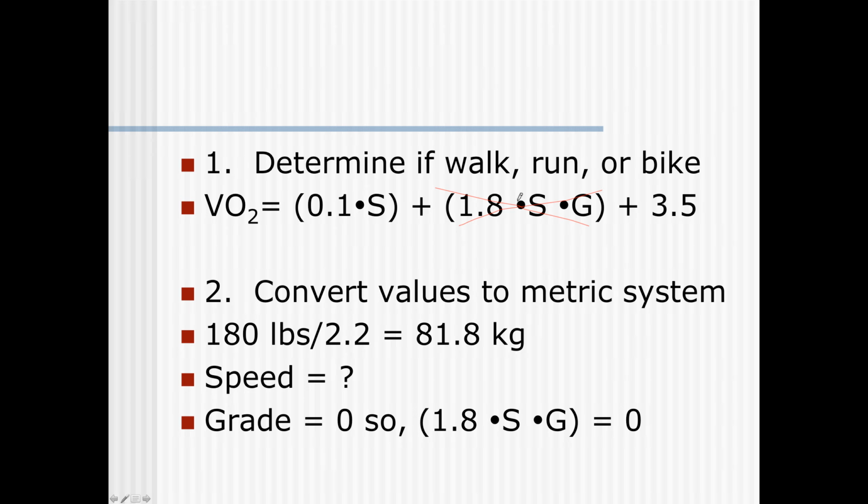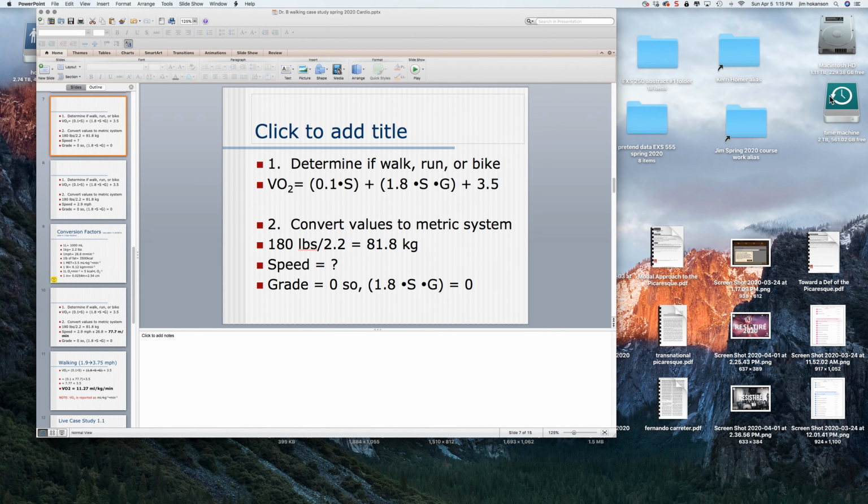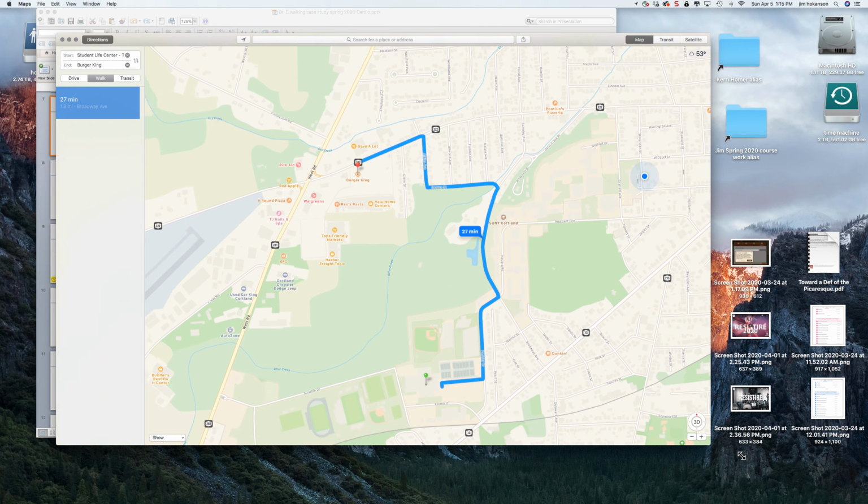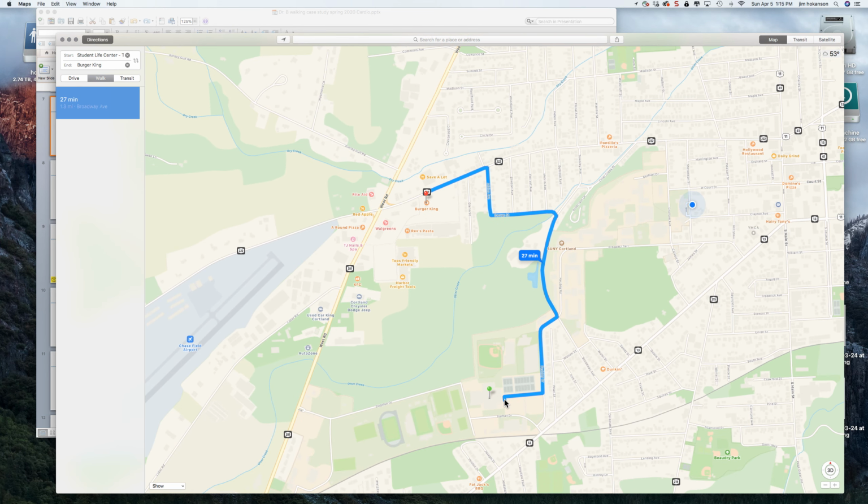So we figured out grade, but then we need to figure out speed. I did some math, and I actually did some map. We're going to go from the Student Life Center and walk all the way to Burger King. There's that shortcut you can take over the creek, and Burger King is in that shopping center by Coffee Mania.